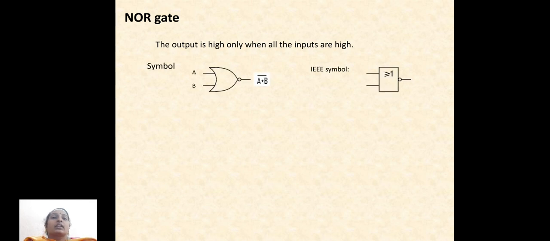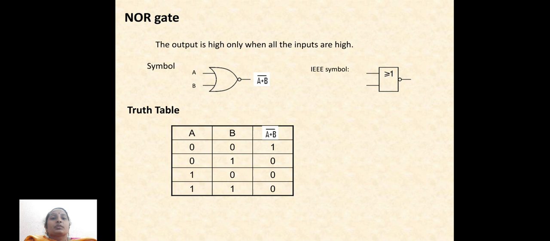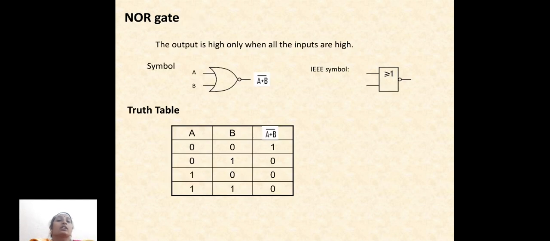So next one, NOR gate. So see 0, 0, 1; 0, 1, 0; 1, 0, 0; 1, 1, 0. So here we are using NOR gate. NOR gate means OR gate plus NOT gate.